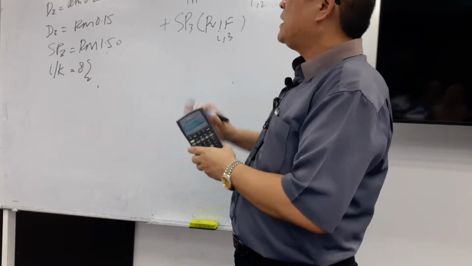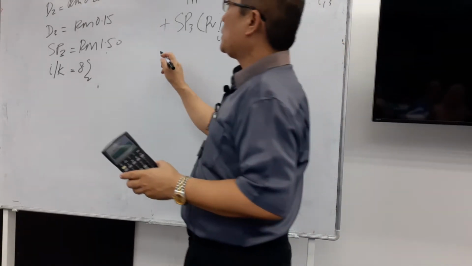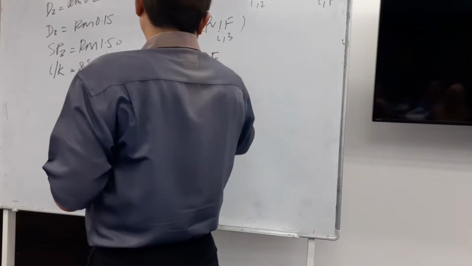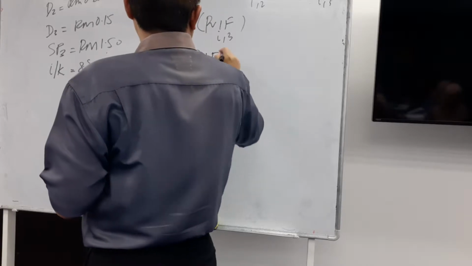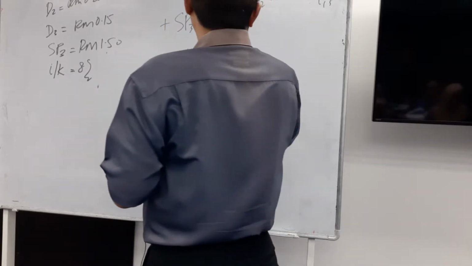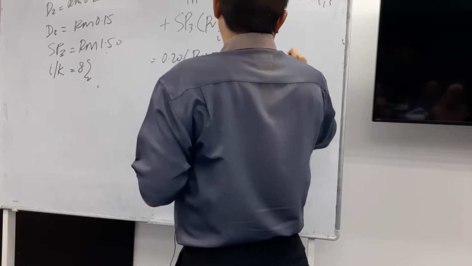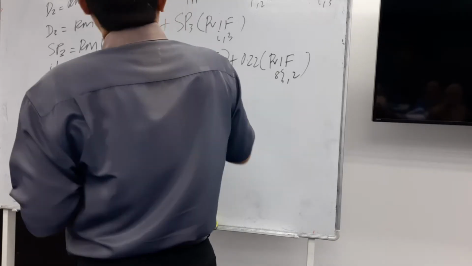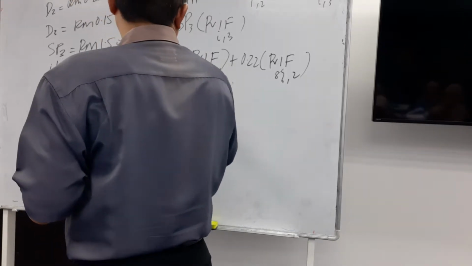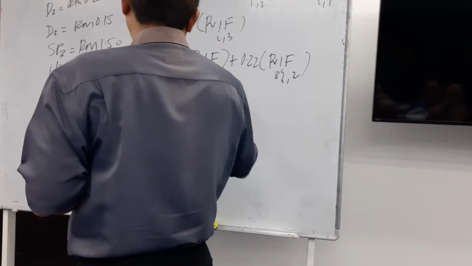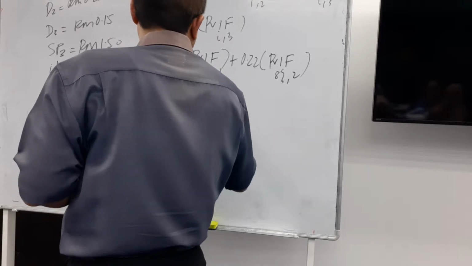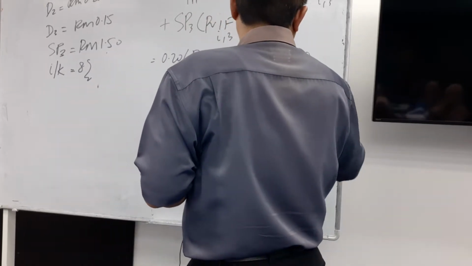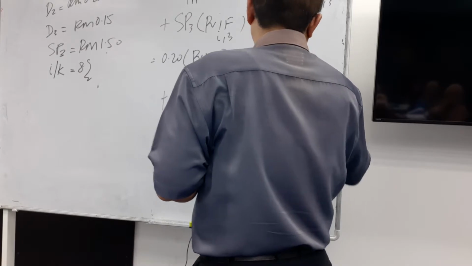So D1 is 20 cents, PVIF 8% 1, plus 22 cents, PVIF 8% 2, plus 15 cents, PVIF 8% 3, plus SP3 PVIF 8% 3.